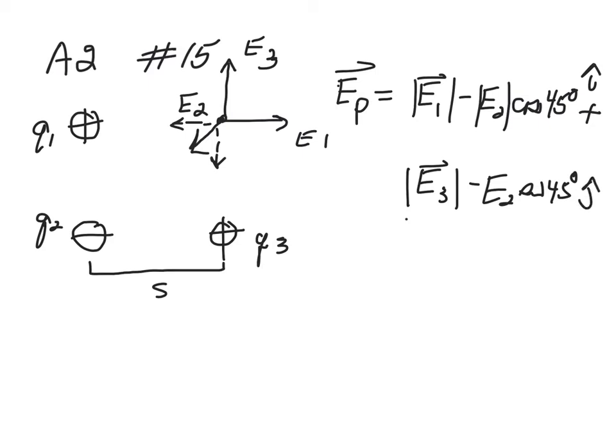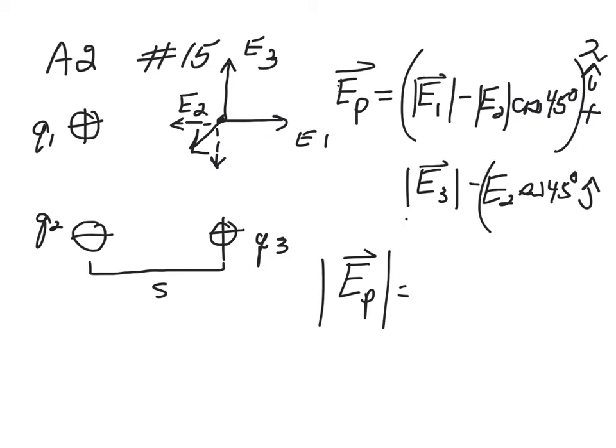But if we want the magnitude, what do we have to do? The magnitude of EP is the x component squared plus the y component squared, square root.